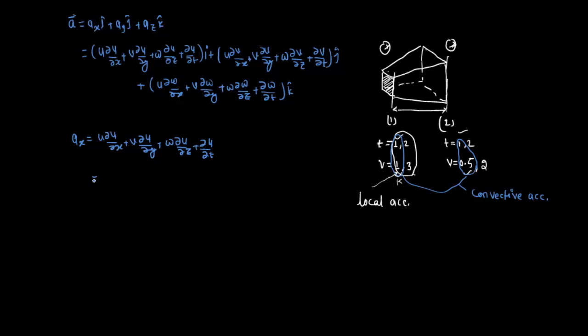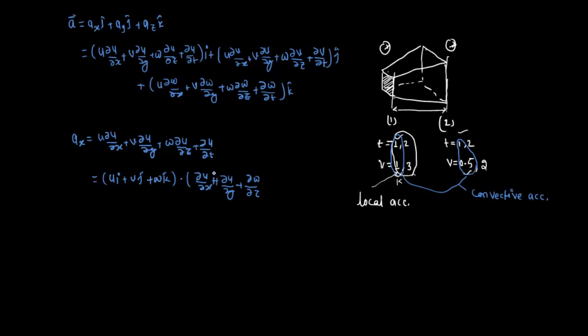In vector form we can break this term like that: I can write this term as ui plus vj plus wk dot product of del by del x plus del by del y plus del by del z.